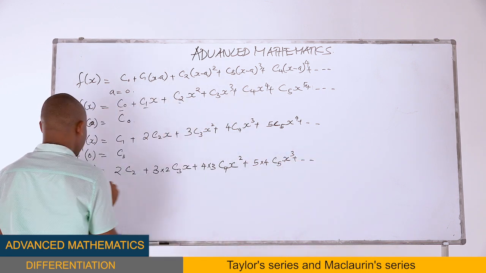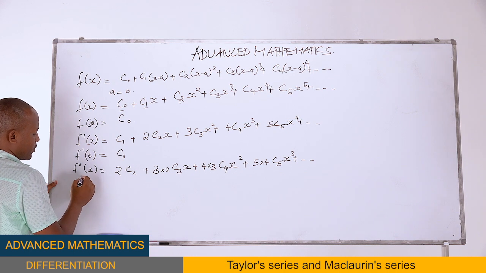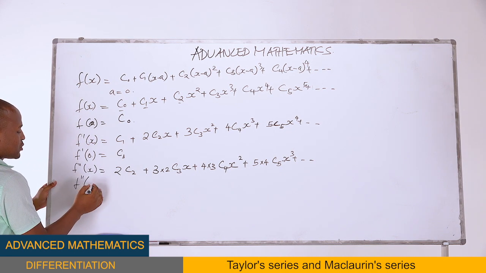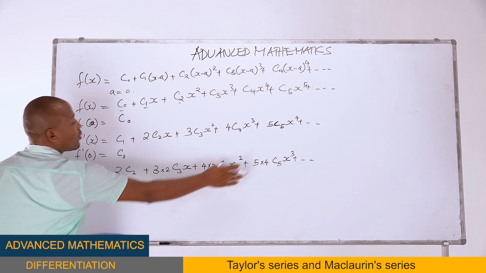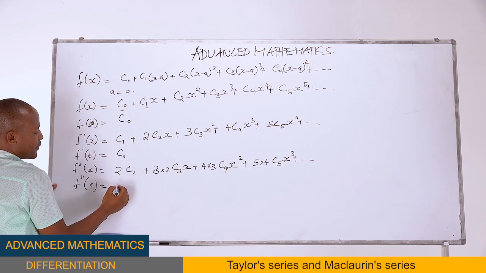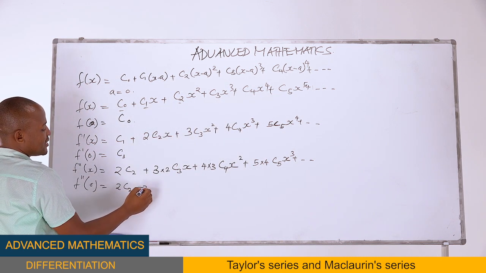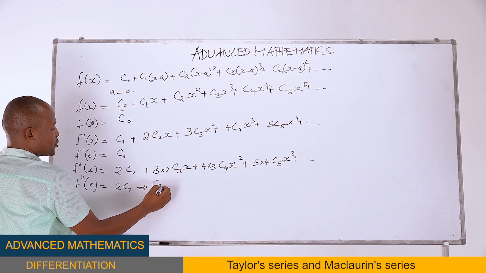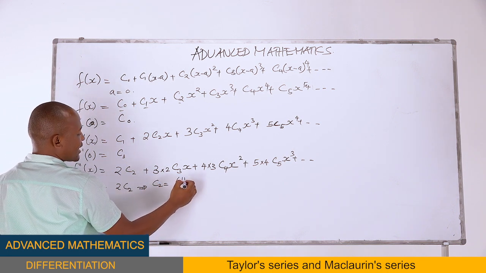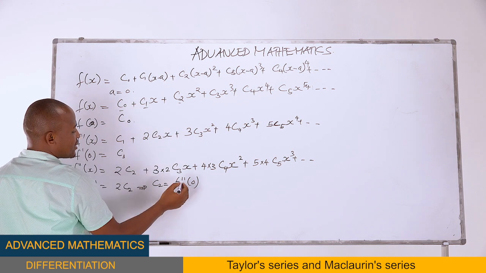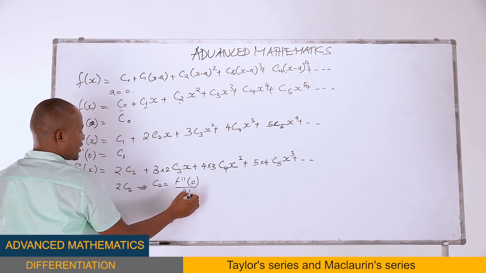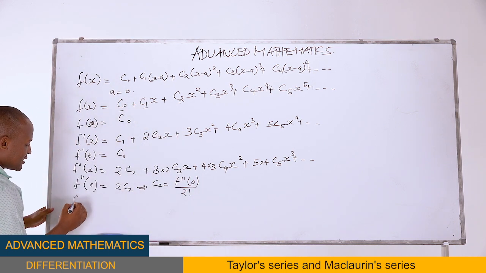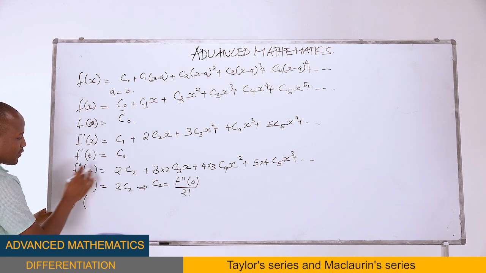Now let's evaluate that when x is equal to 0. All of those will go, and we are going to be left with 2c2. That implies the value of c2 equals the second derivative of the expression evaluated at 0 divided by 2 factorial.